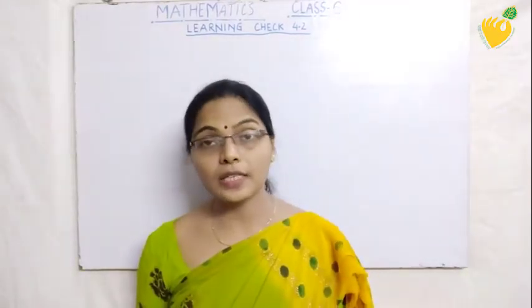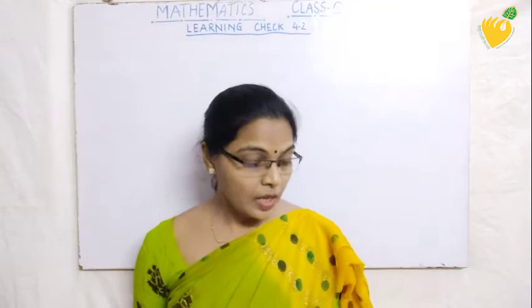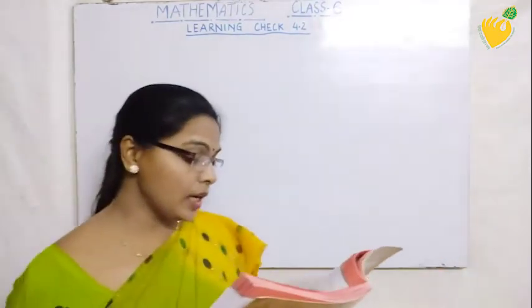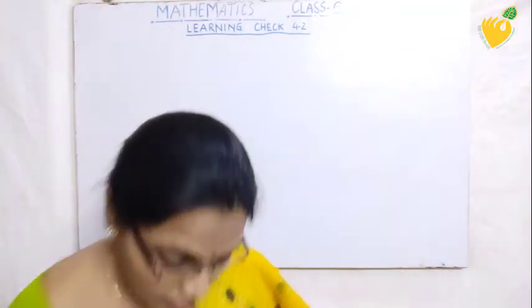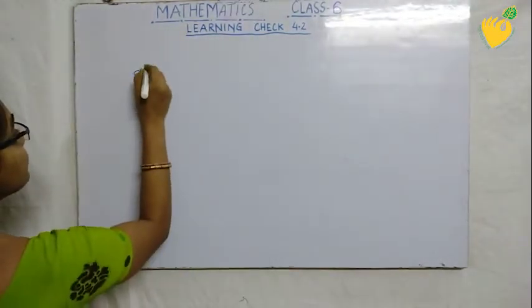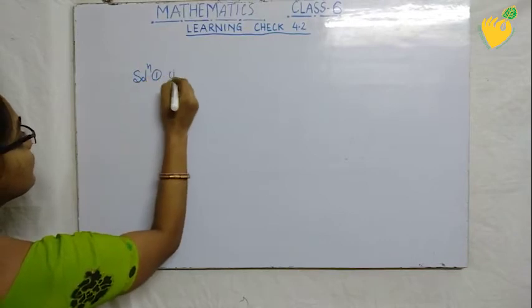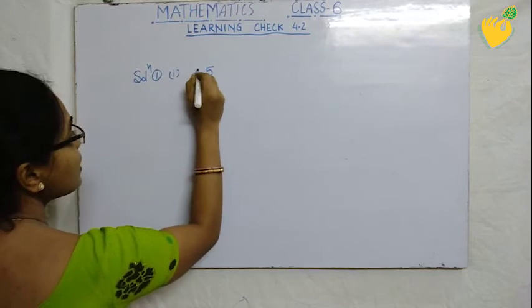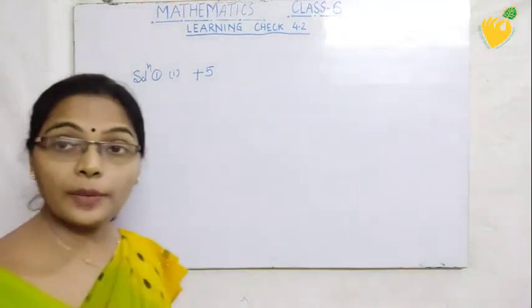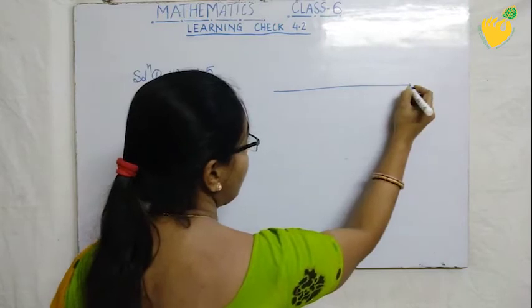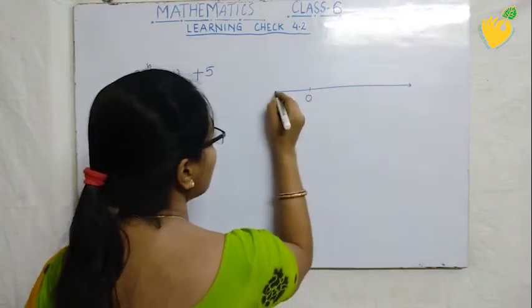Now students, let's start the learning check 4.2. The first question is, represent the following numbers on a number line. Plus 5. You have to represent plus 5 on the number line. Students, as we all know, this is 0.